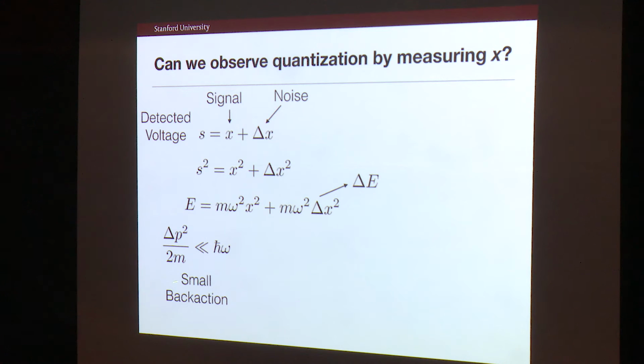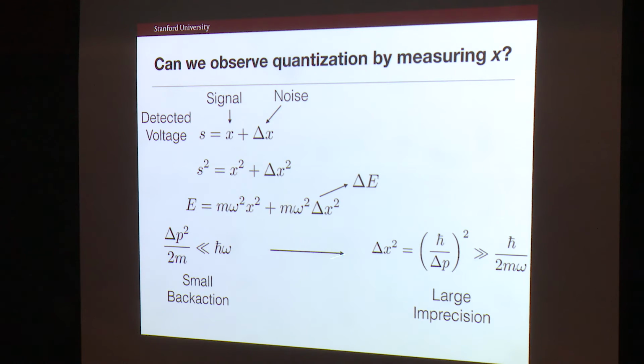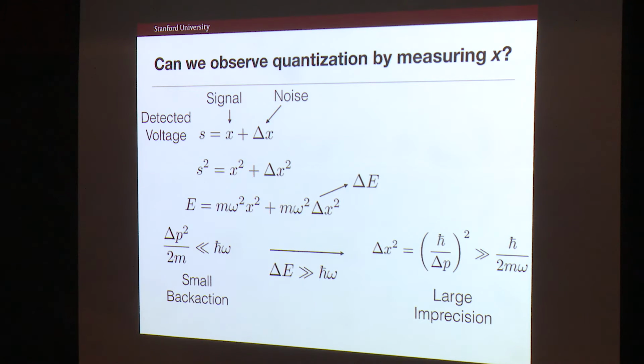And if you want to have small back action, so you want to disturb the energy of the system by less than h bar omega to be able to distinguish the different energy levels from each other, that automatically implies that delta x squared has to be larger than h bar over 2 omega. So this means that your imprecision in the energy ends up being larger than h bar omega.